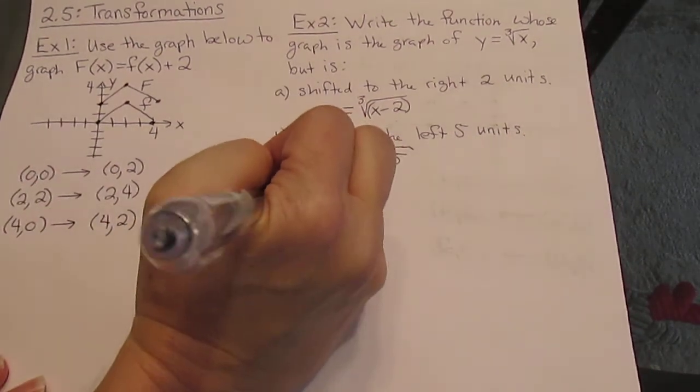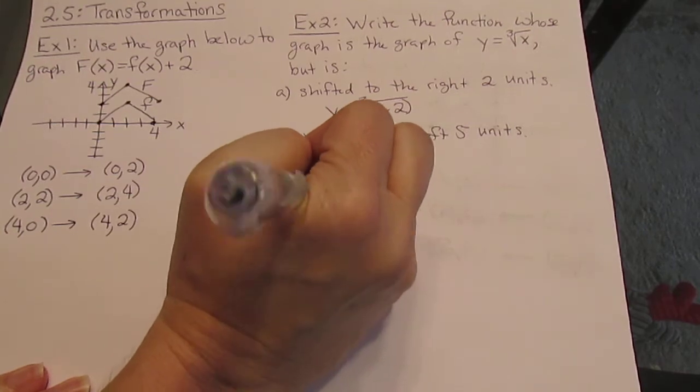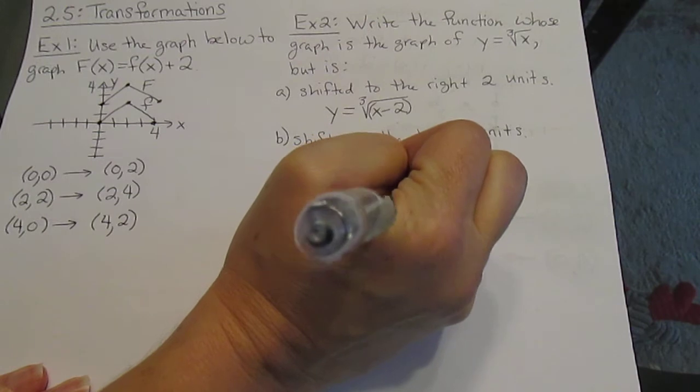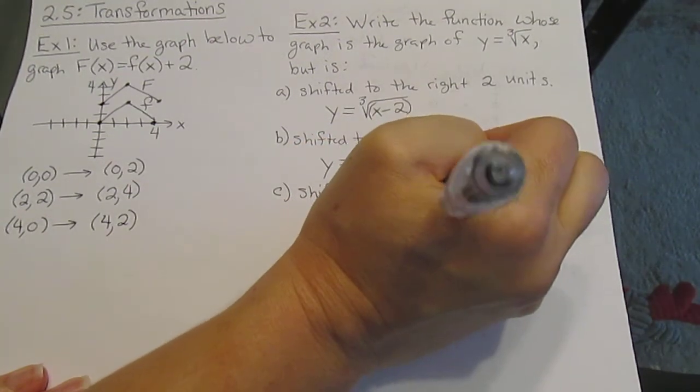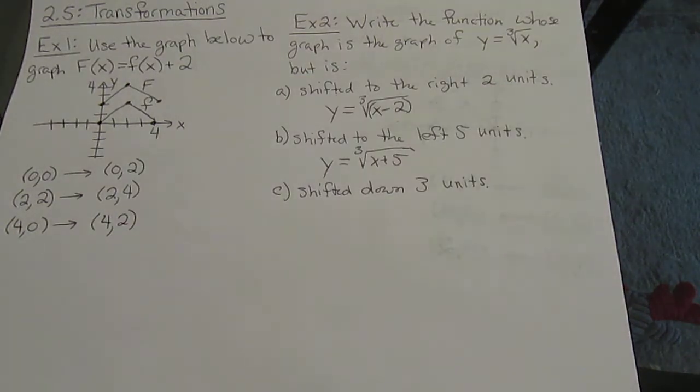Part C, shifted down 3 units. Well, this is like our first example. We want to shift it down 3 units. So that's where we either add or subtract from the total left side.